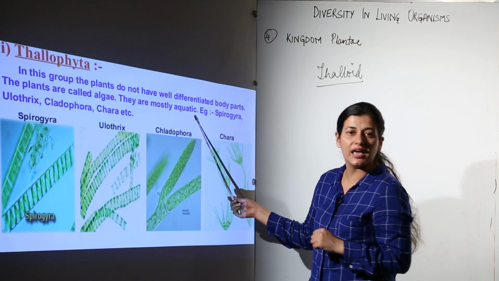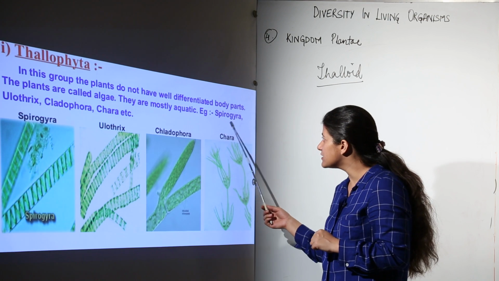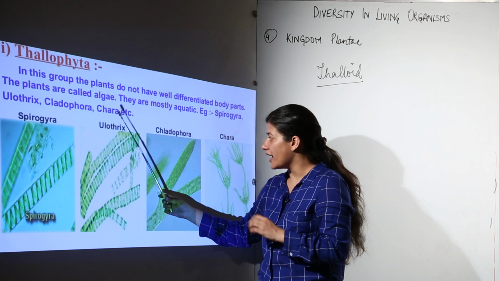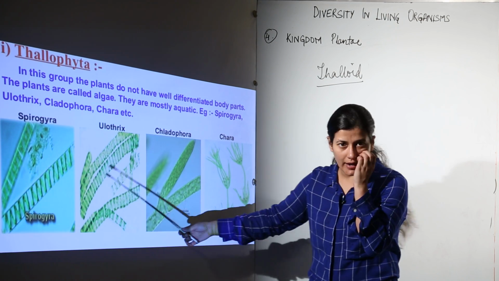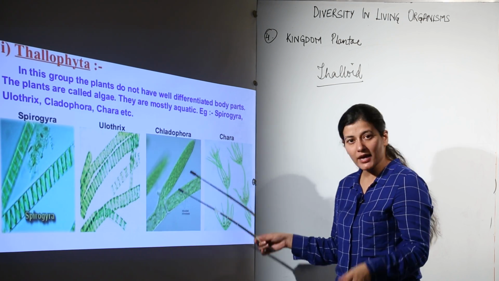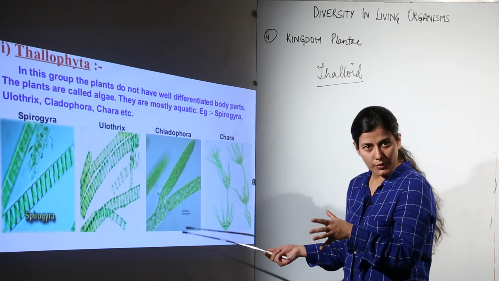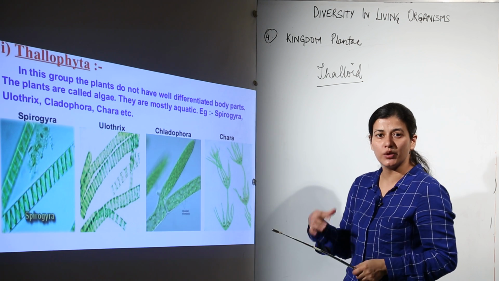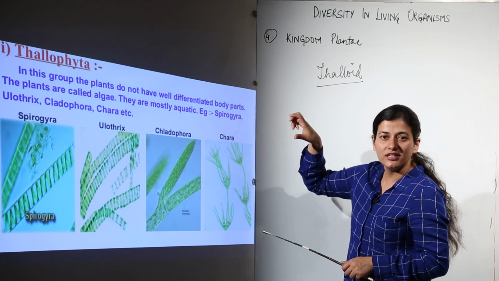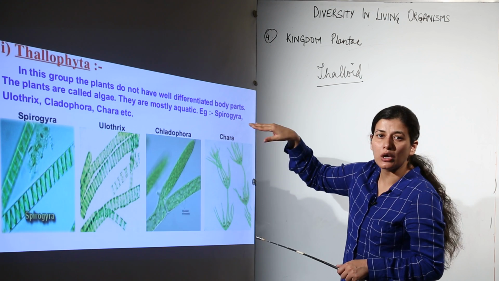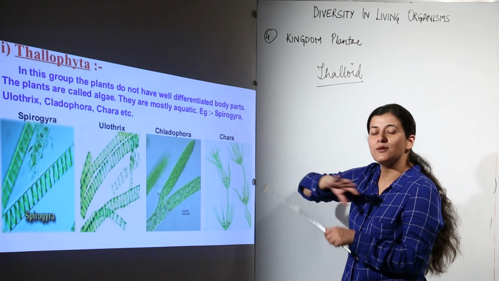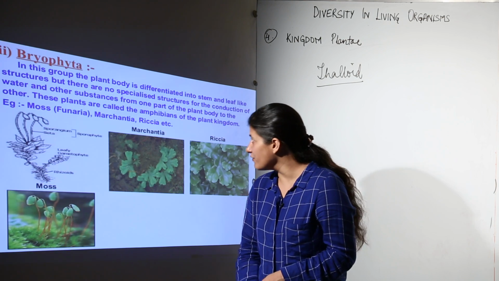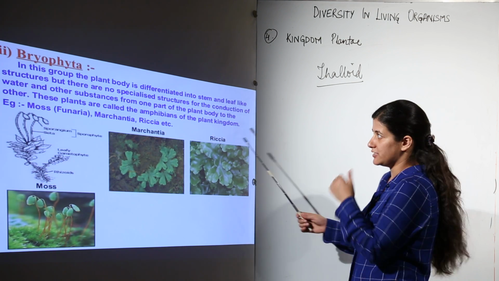They are mostly aquatic, and examples are Spirogyra, Ulothrix, Cladophora, Chara, etc. As you can see, these are green plants. Often they are microscopic, water dwelling, and there are 3 types of algae which you will get introduced to in your higher classes. So, Thallophyta has mostly aquatic organisms called algae, and the body is not well differentiated into different body parts.